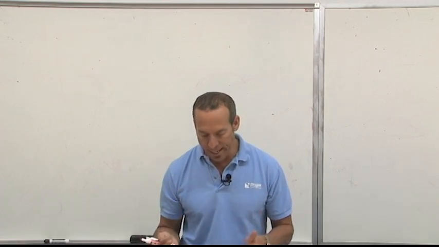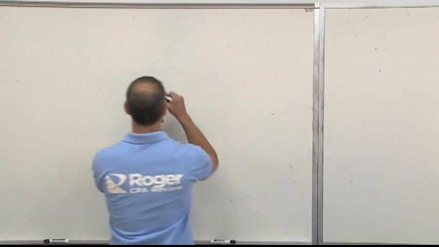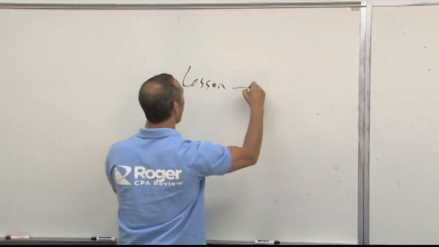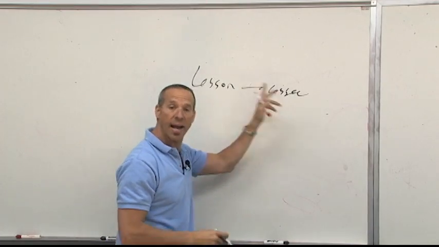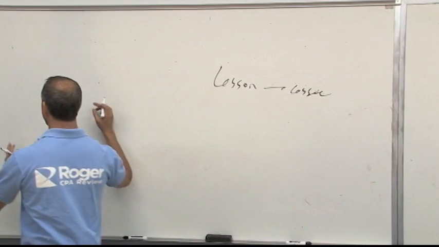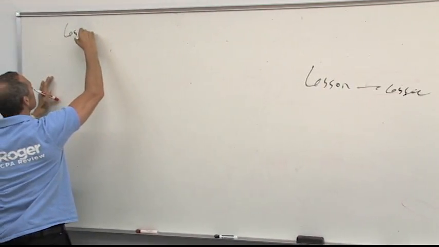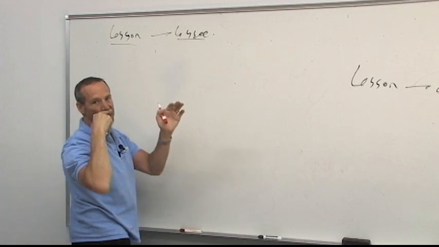So when looking at a lease, we're talking about two different people, the lessor and the lessee. As I said in the past, we have lessor, lessee, offeror, offeree, consignor, consignee, bailor, bailee, and so on and so forth. So let's look at the two different parties. Here we have a lessor and a lessee. Again, the lessor leases it to the lessee.